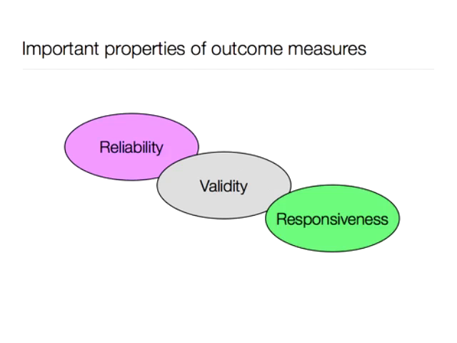Validity means that we're measuring what we think we're measuring. And responsiveness, if you recall, we said that outcome measures are our way of telling whether there's been important change following a treatment. Responsiveness is, can that measure pick up clinically important changes? So reliability, validity, and responsiveness.